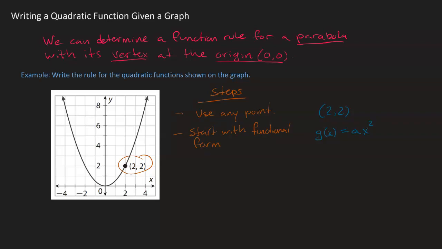Now the third step is to replace x and g of x with the point values. Meaning that if this is my x and 2 is my y, I could also say that 2 is my g of x, because remember that this output of g of x is also your y.